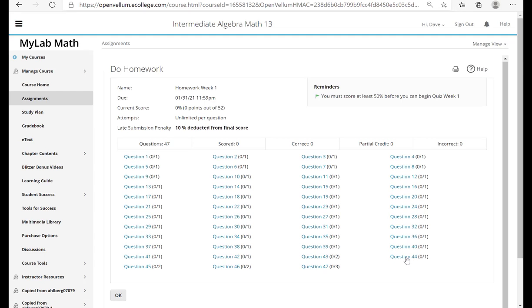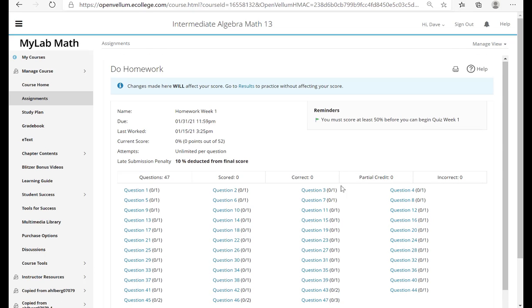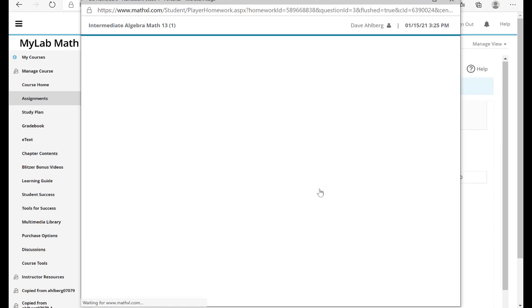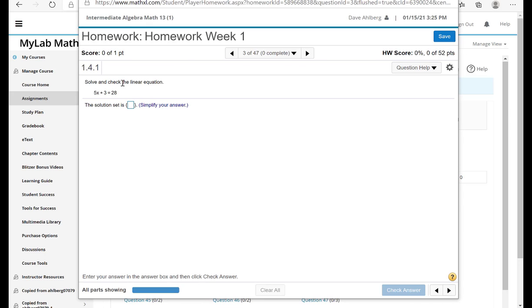Okay, the first homework is 44 questions, but they're not that long. Let's go into question 3. Solve and check the linear equation. Now, you might know how to solve this. If you need to learn or need help, you can go to question help.